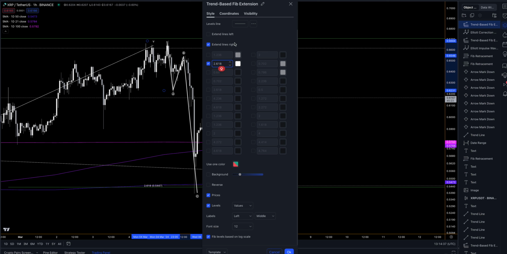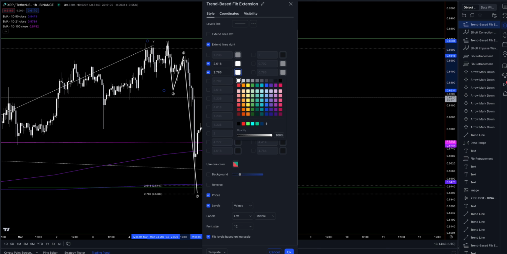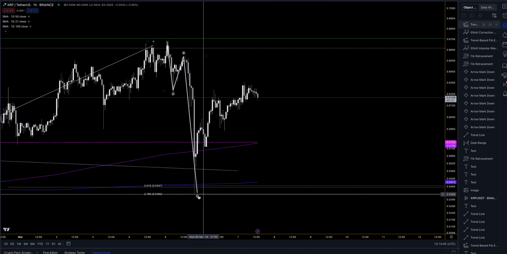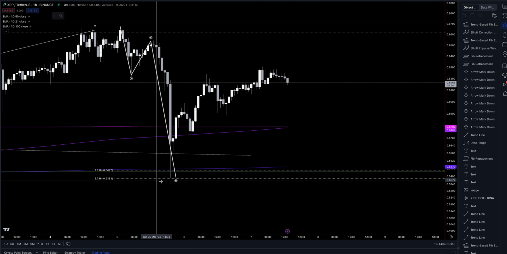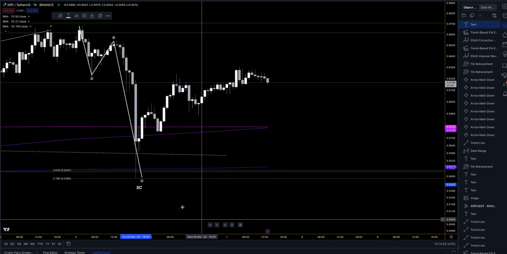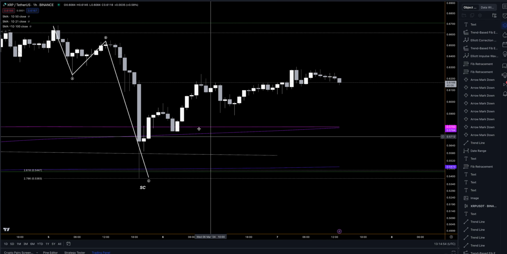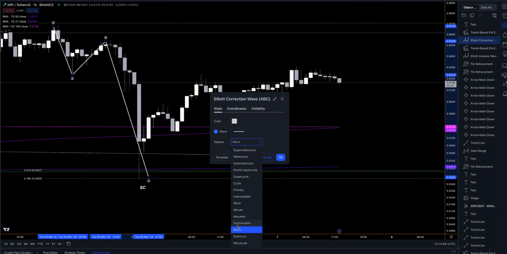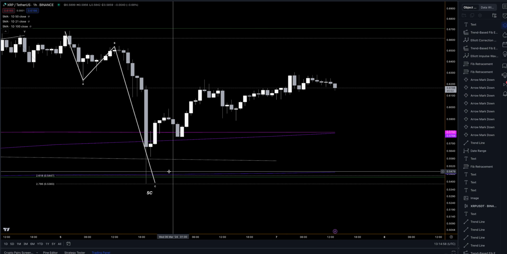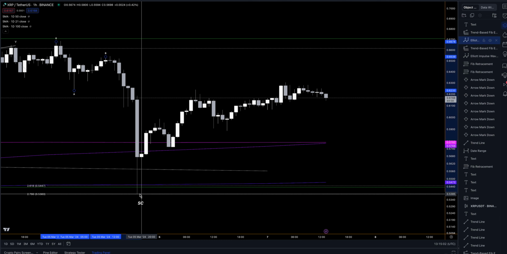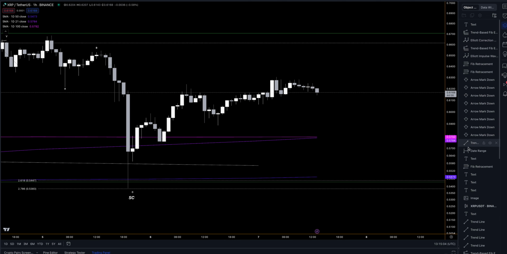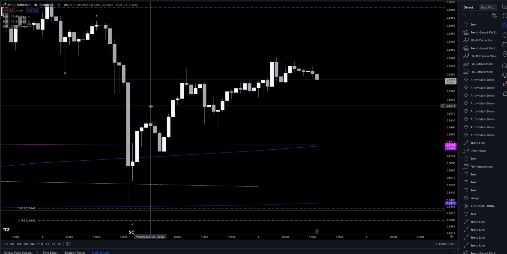Actually the 2.786. So we're very overextended over here. So I would call this our selling climax. This over here would be called our selling climax. And this over here, I would call it our automatic rally.